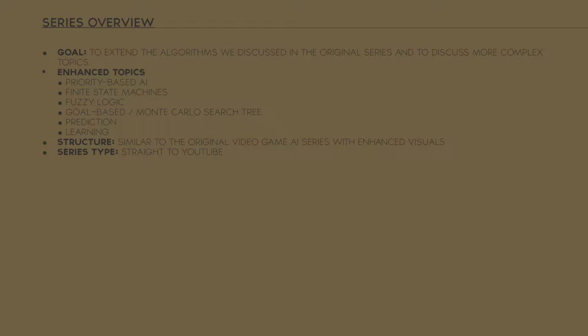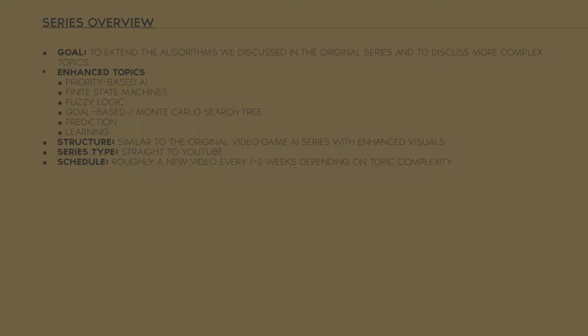So this is just an introduction to the series and what the series will cover. Just a quick video to discuss that. And this is going to be straight to YouTube, so expect a weekly or bi-weekly release of these concepts. Very rapid tutorial release schedule for this series, since it's going to be straight to YouTube like I've done in the previous series.